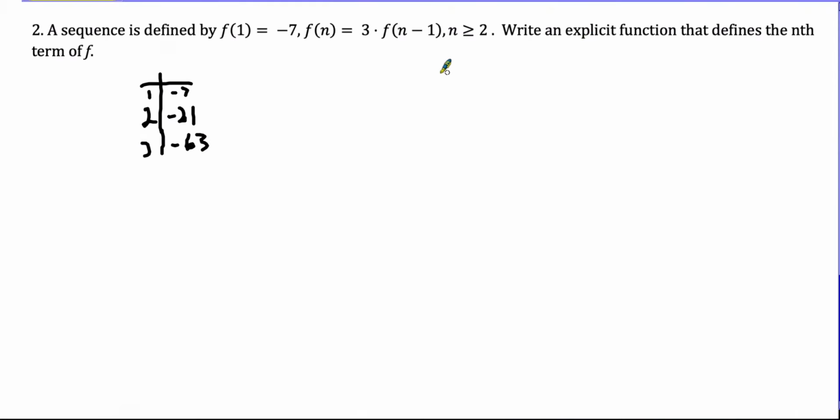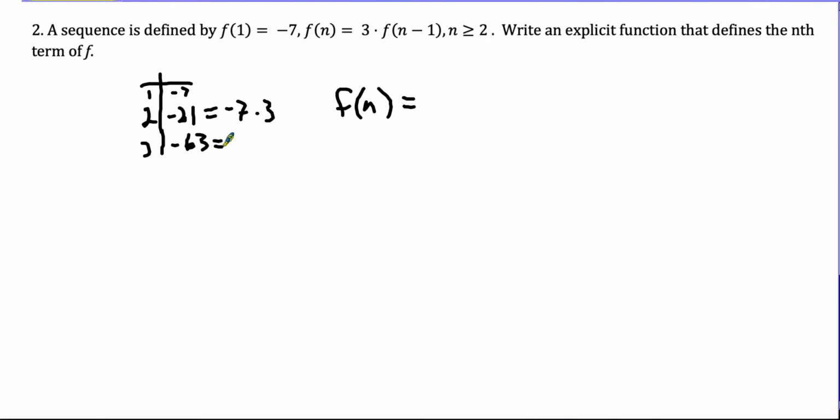But for our explicit rule, two parts, right? The first part is the rule, what I need to do to get the current term that I'm on. Now, the reason I wrote out the table here is to help us visualize what's happening. So I can rewrite this -21 as my starting term of -7 times 3.